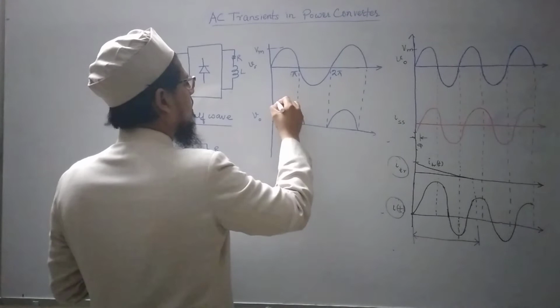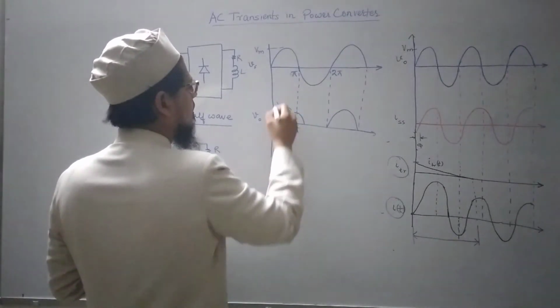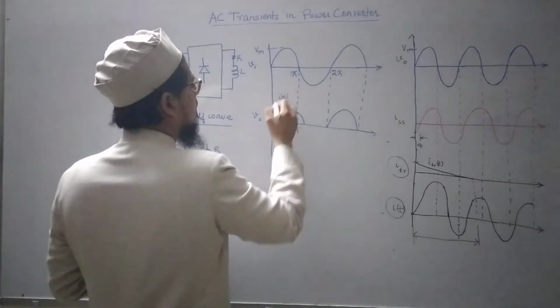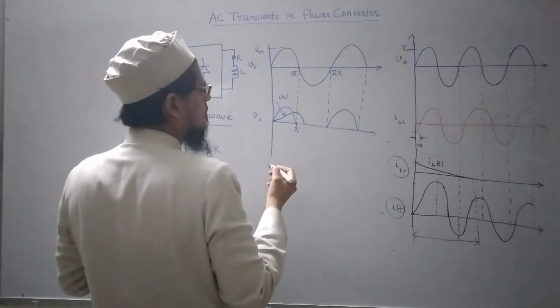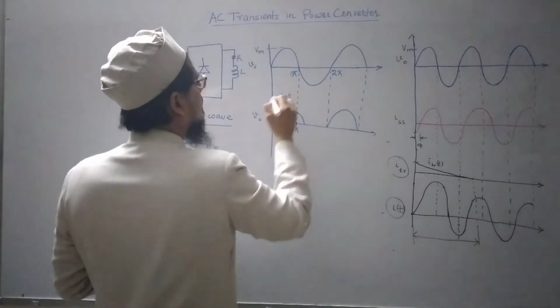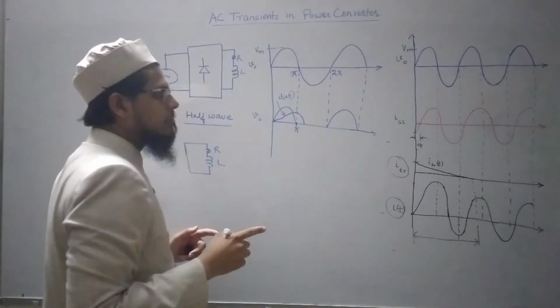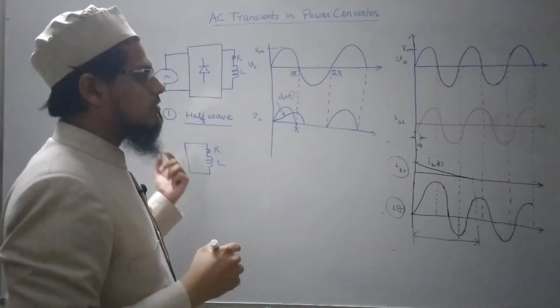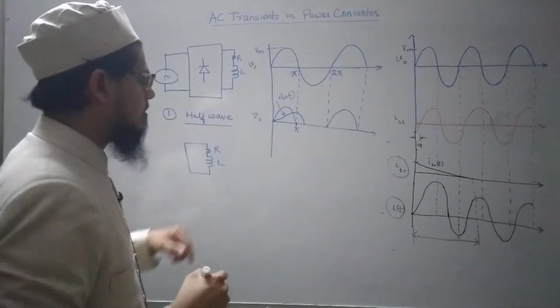And this current expression, I omega t, would be the same as what we derived in the previous circuit.